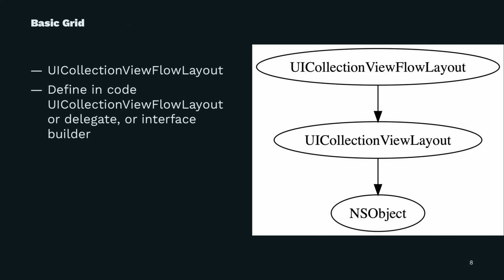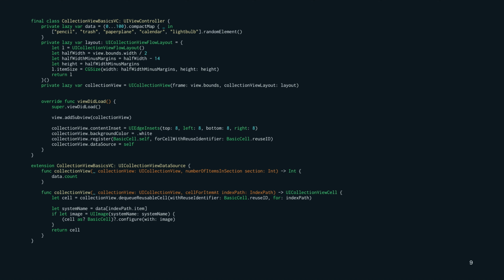And basically, to make a simple grid, nowadays people would mostly use UICollectionView flow layout or its delegate or interface builder. And this is what the code looks like when defining CollectionView flow layout. It's pretty simple, but about maybe half procedural, half declarative, I'd say.